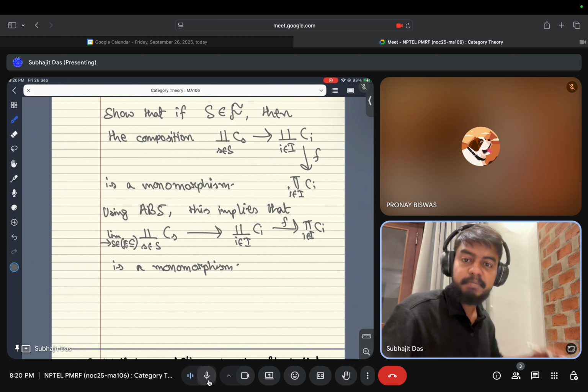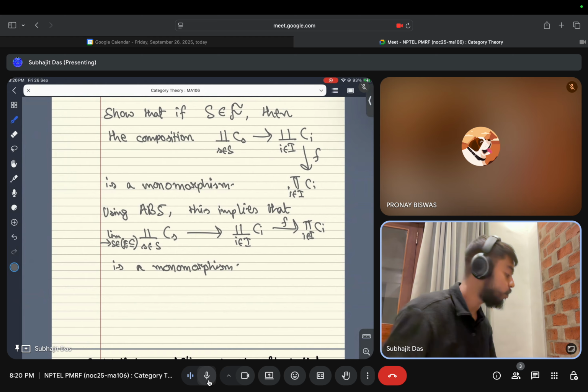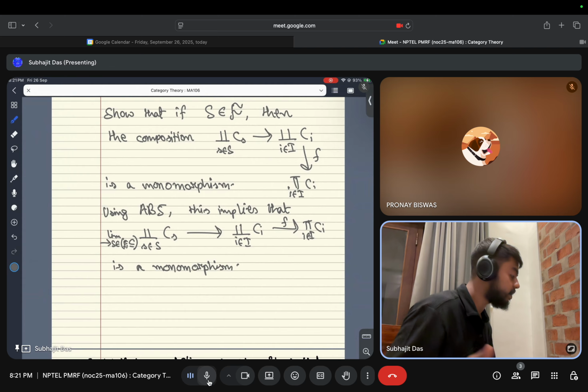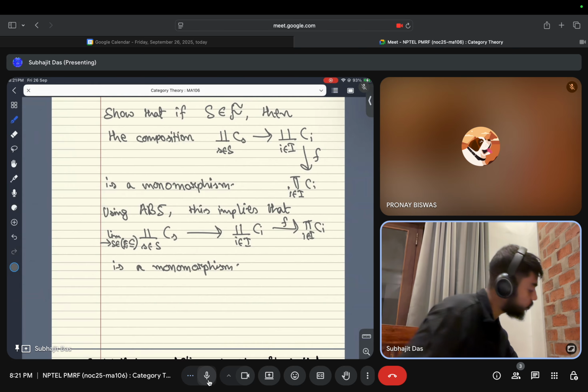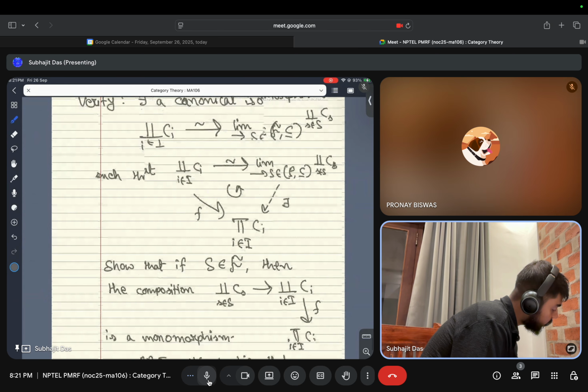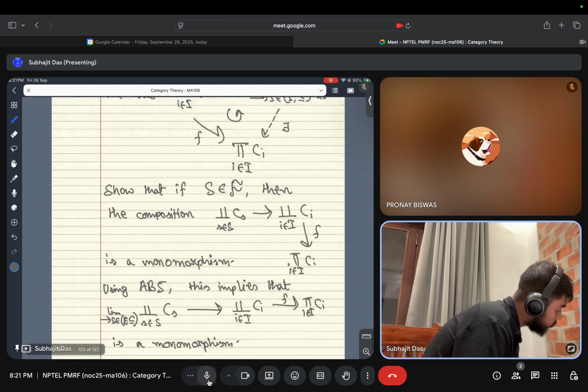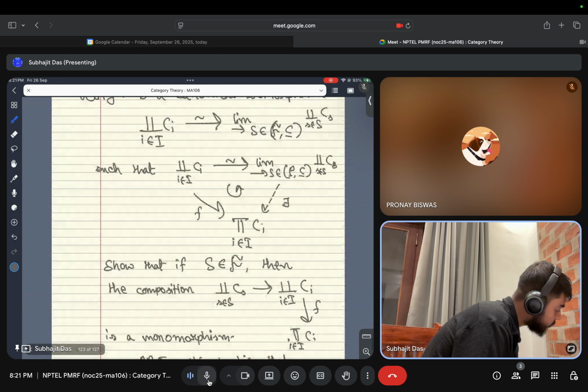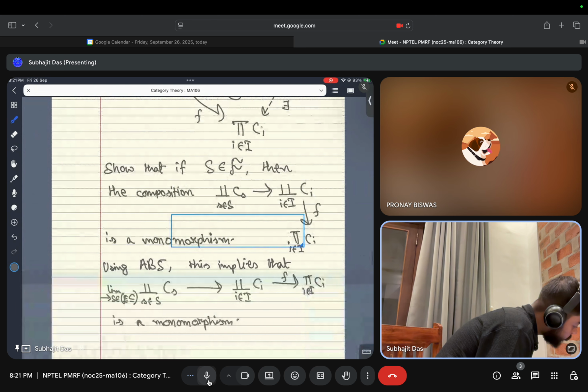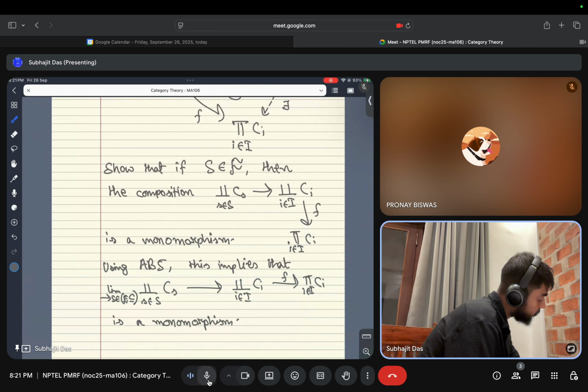Using AB5, this implies that this composition will be a monomorphism, and that is all that we wanted to show.